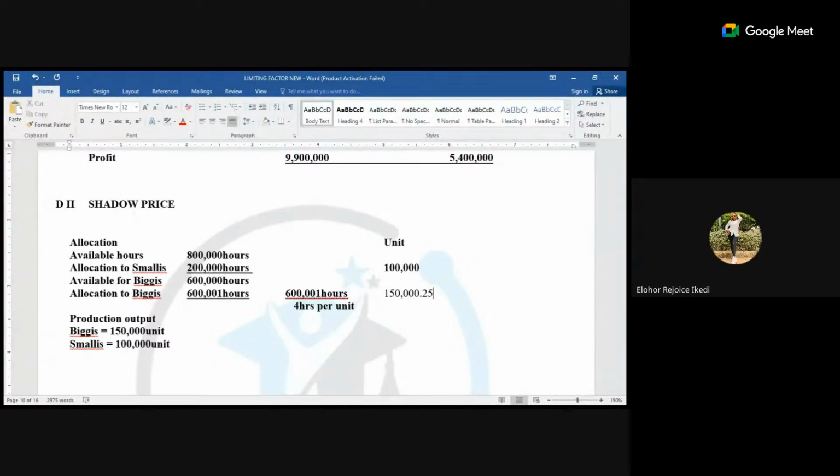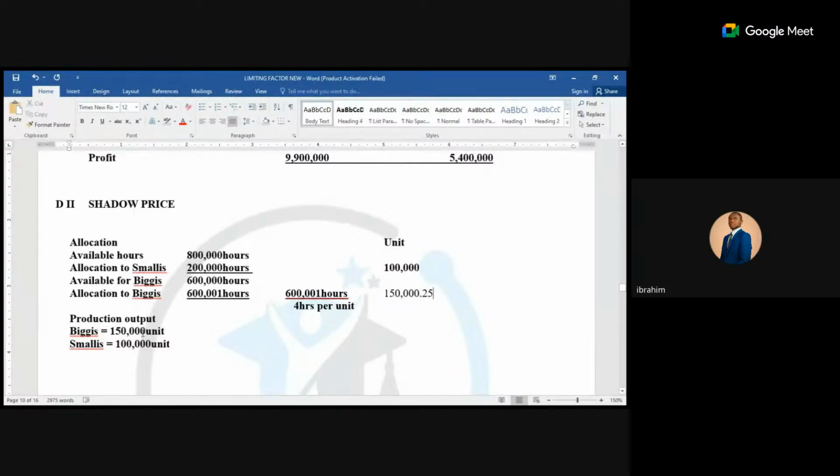Yes, sir. Okay, that's fine. As a result of increasing the scarce resource by 1, where you don't have enough capacity to produce that unit, on biggies, that is the reason why we increased it by 1.